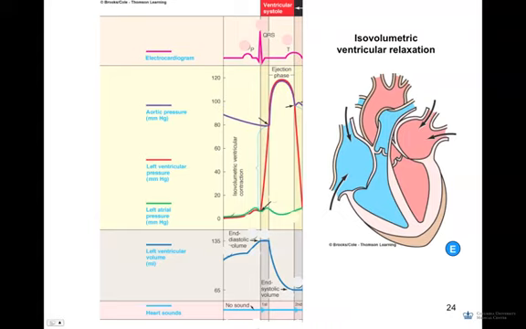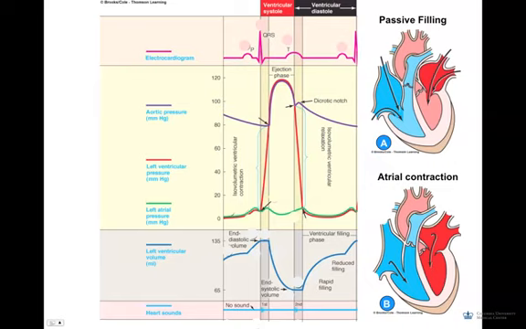And what's special about this time is that all the valves are closed again. That's why we call it isovolumetric. The ventricular pressure is falling against a constant volume, and the AV valves don't open until ventricular pressure falls below atrial pressure.